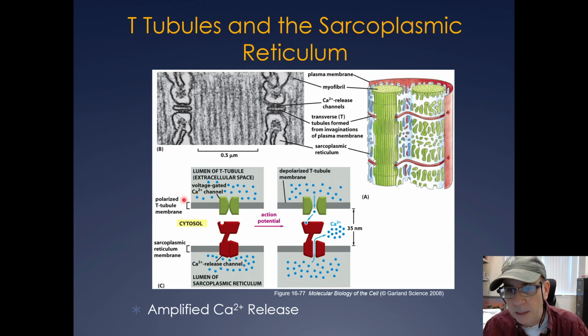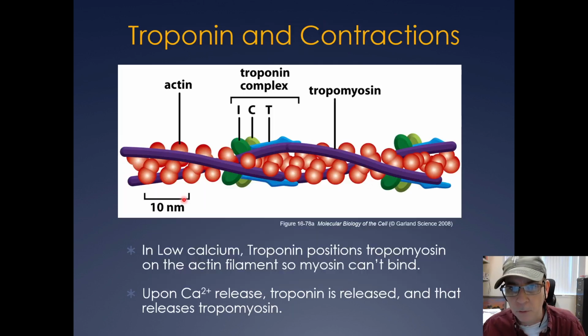And the reason that you need so much calcium release for a muscle contraction is because you have these proteins called troponin and tropomyosin that are binding to the actin filament and preventing the myosin 2 motor protein from associating with it. Okay, so in low calcium, troponin and tropomyosin are associated with this actin filament so that the myosin 2 motor protein can't interact.